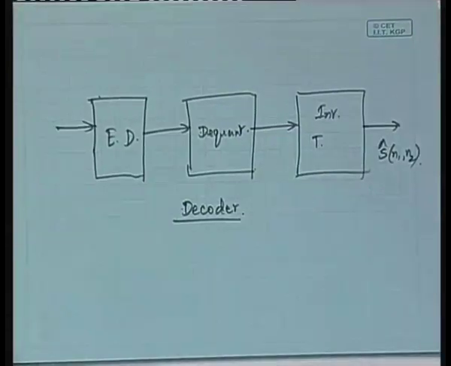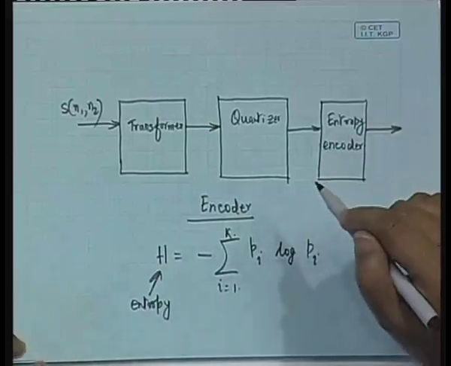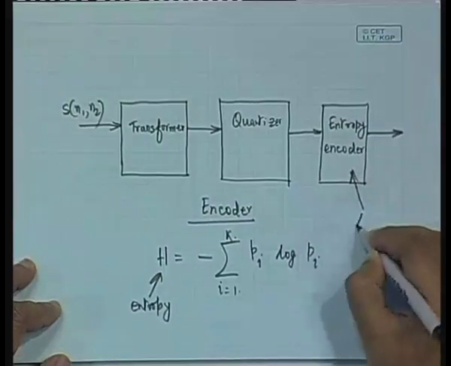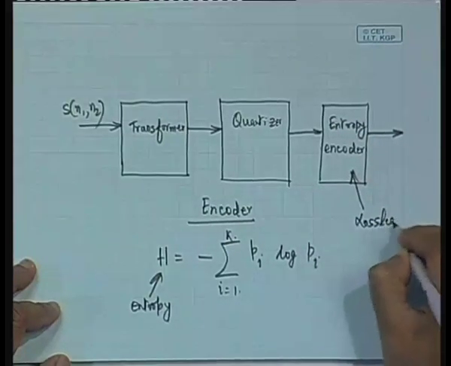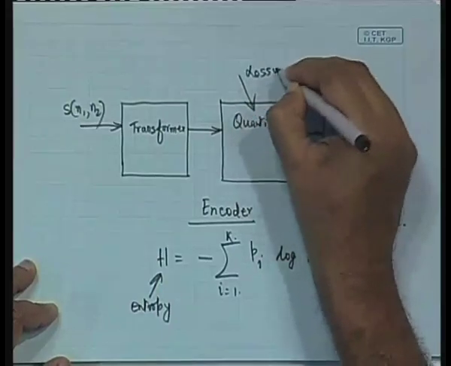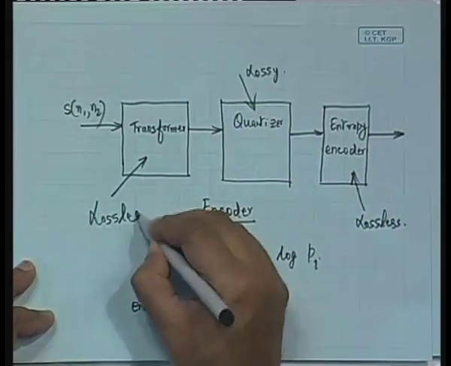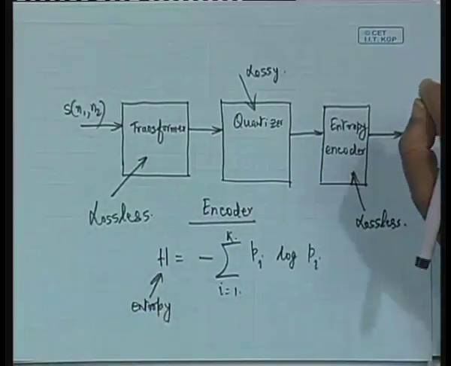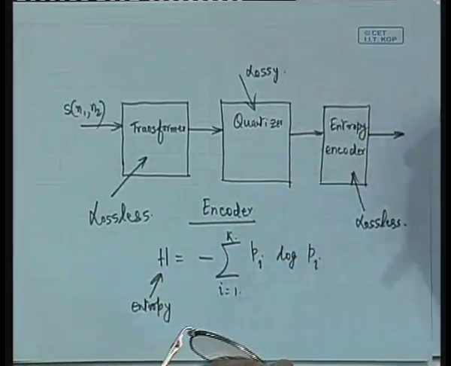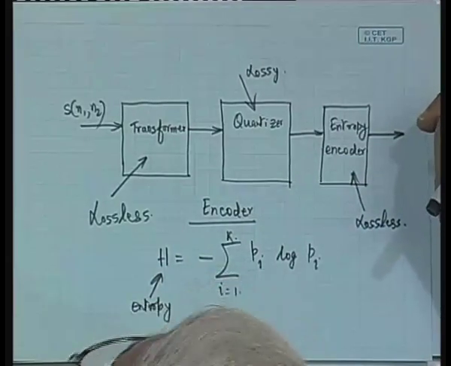Now, in this process, the entropy encoding is a totally lossless process. So, this block is a lossless block, the quantizer is a lossy block, and the transformer is yet another lossless block. Now, somehow if we could encode without using the quantizer, what would result is lossless compression.